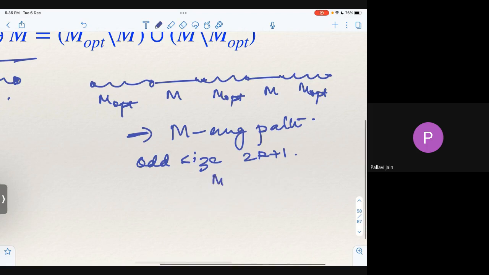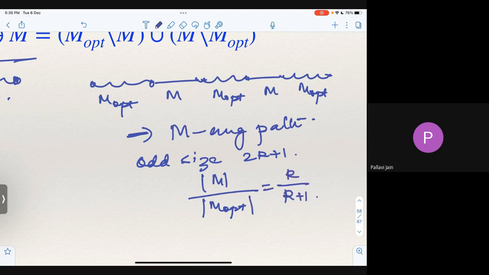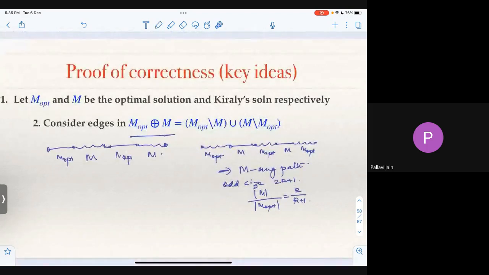So the fraction is this, correct? Now notice I'm only trying to compare the size of M opt with M. The portions that are common in the two are of no consequence. This is why I'm looking at the symmetric difference.